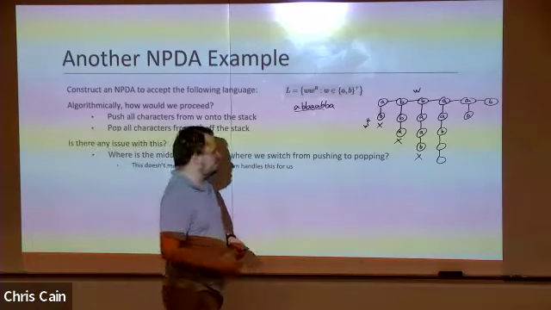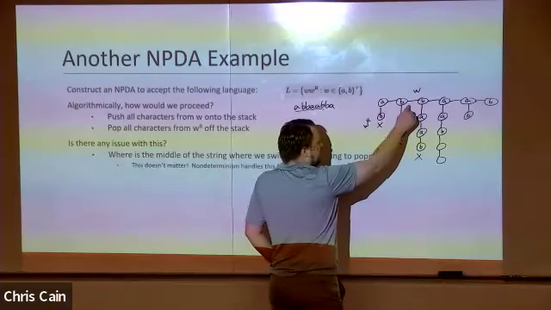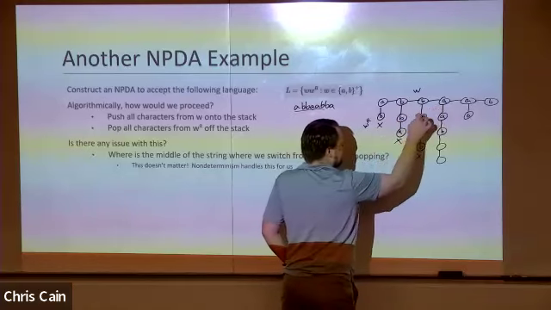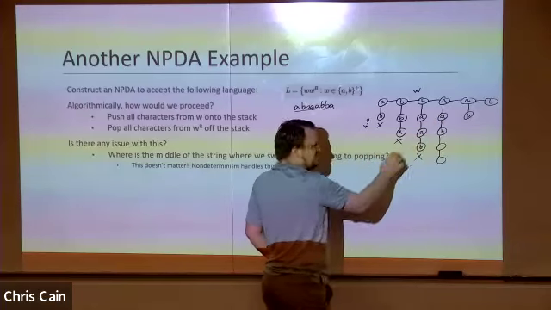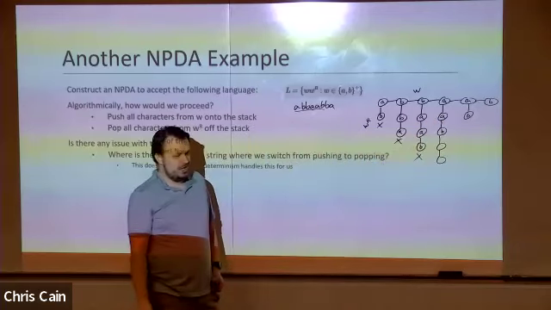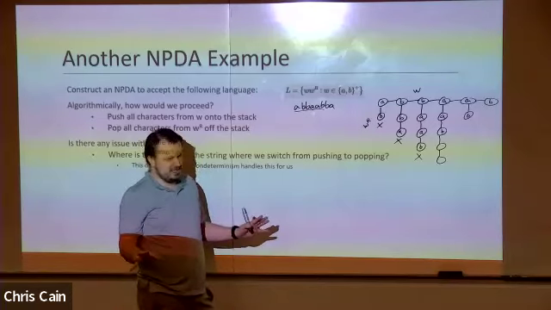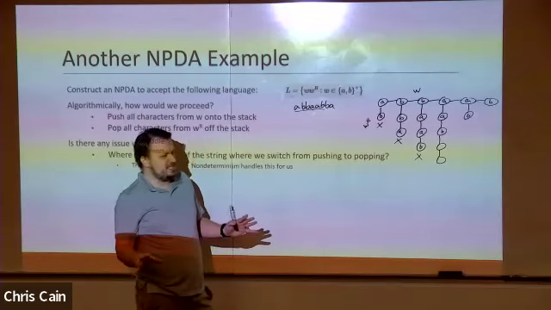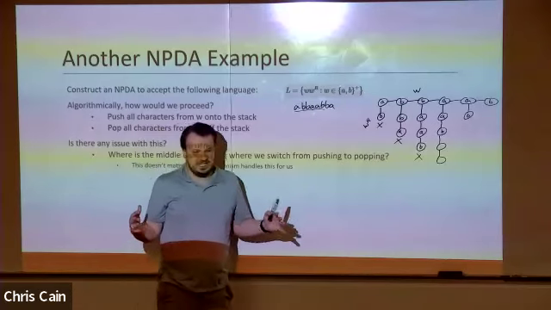Because if we were writing an algorithm for this, we'd have to say, check this, then write this here. Check this, then do this, then do this, then this, then this, then check this, then do this, then do this, then do this. Non-determinism, all of that is a single move. Think of all of that happening at the same time. Think of it as different threads that are all working independently.